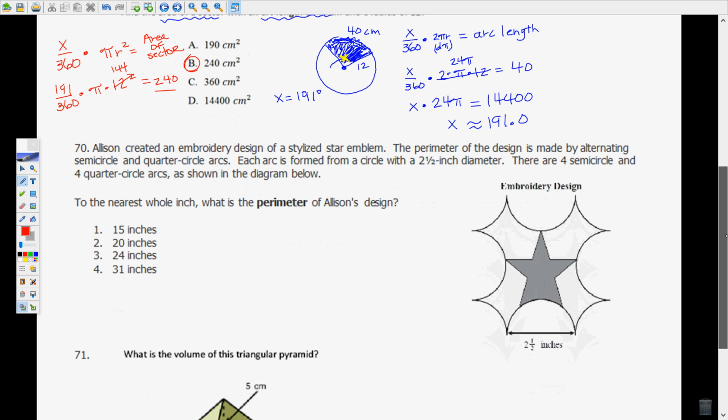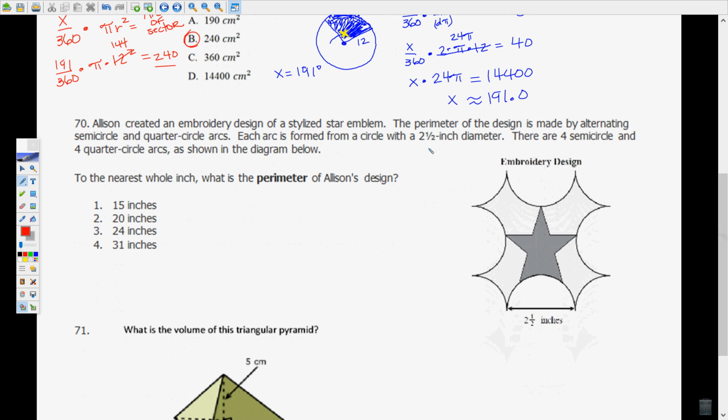Good. Two more. Allison created an embroidery design of a stylized star emblem. The perimeter of the design is made by alternating semicircle and quarter circle arcs. Each arc is formed from a circle with a 2.5-inch diameter, which means our radius will be 1.25 for each one of these.